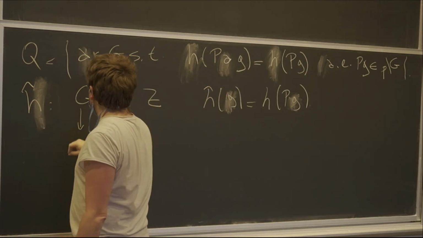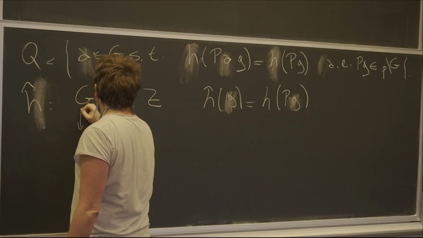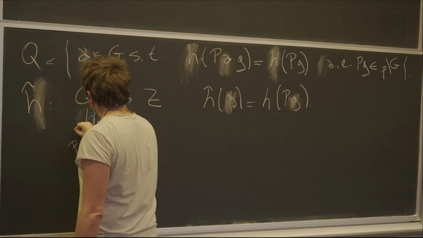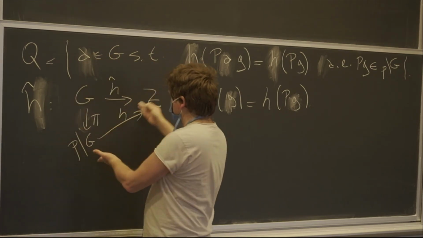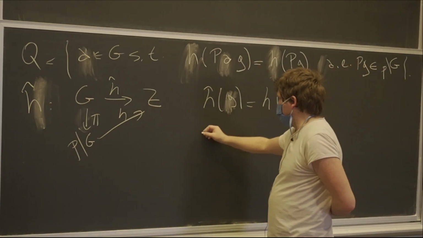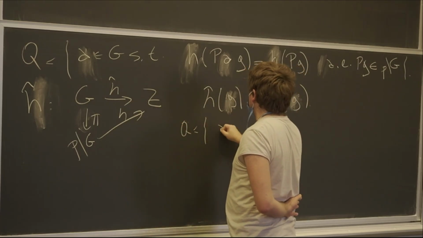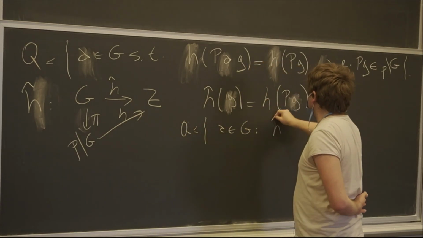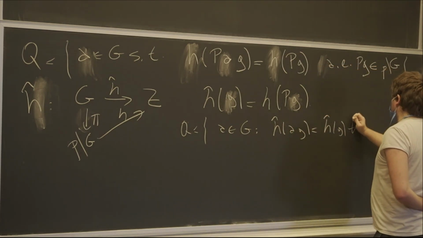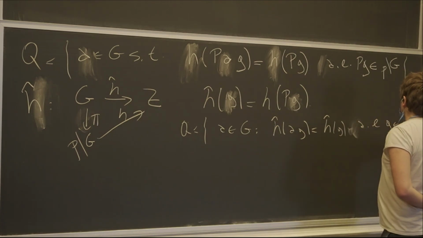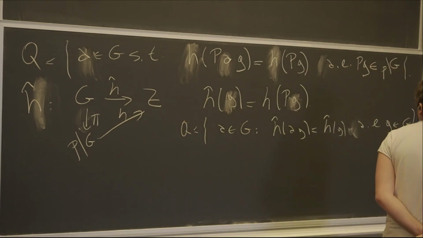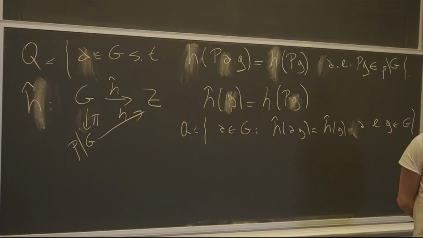So this is H hat, this is H, this is pi into G mod P, this is H, so just the composition of these two guys. Then I'm taking Q to be all the a's in G such that H hat of a g equals H hat of g for almost every g. This is the first isomorphism theorem in some category. Yes. Essentially.